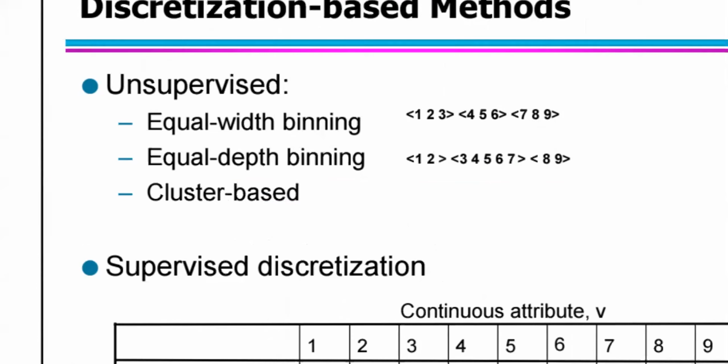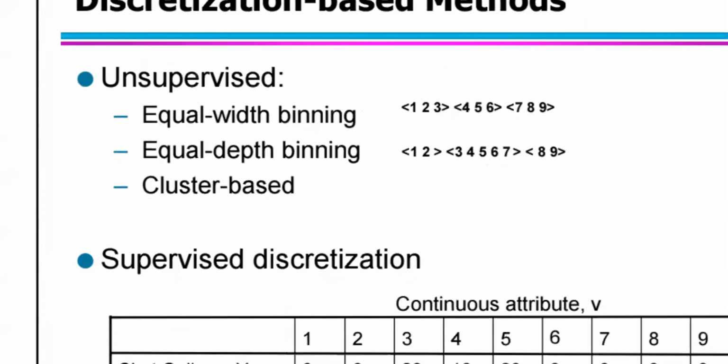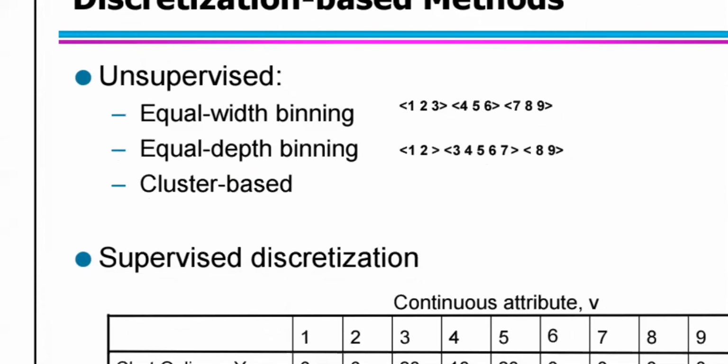Next is unsupervised and supervised discretization. You can perform equal width binning as well as equal depth binning. Equal width binning means 1, 2, 3, 4, 5, 6, 7, 8, 9 split into bins of 3, 3, 3. Equal depth binning is represented differently, for example 2, 3, 4, 5, 6, 7 in one bin, and 8, 9 in another.